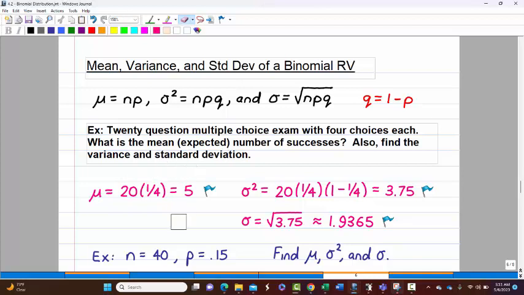Now I'll explain to you what that means, although it's not going to ask you that on a test. The mean means on average, kind of like the law of large numbers, but if you did this over and over, how many would you expect to guess right on average? Obviously, if you did this, you'll get one answer. Next time you get another answer.